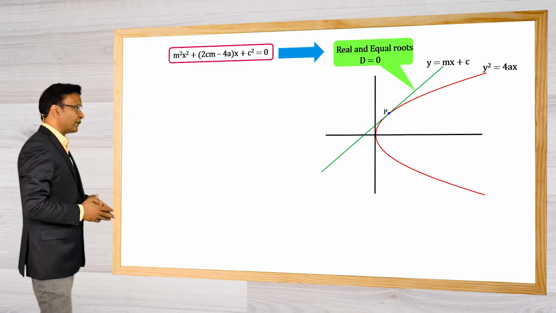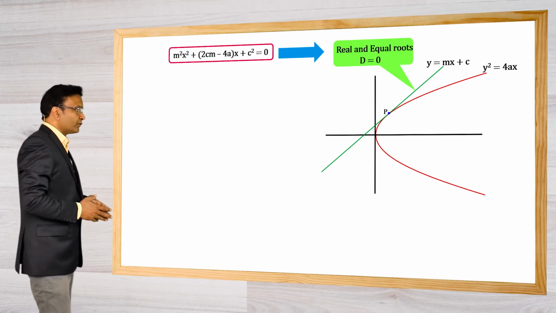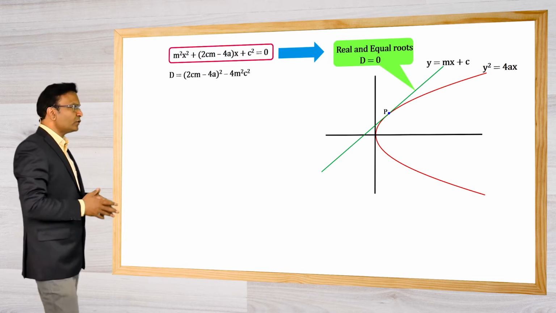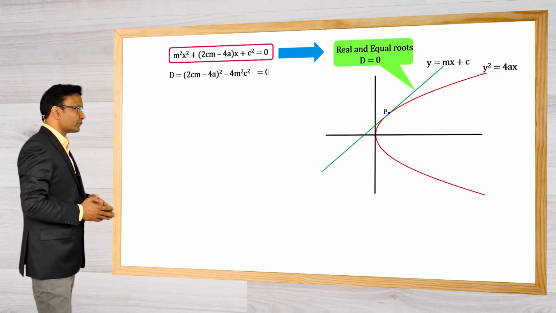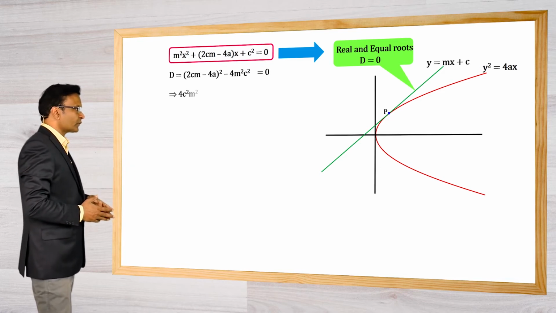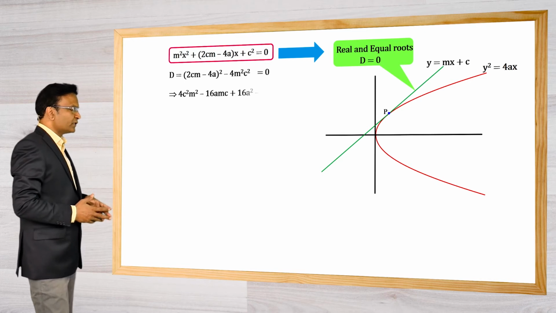Let's find the value of D. We have this, and this value is equal to 0. You expand this perfect square, so we get this equation.